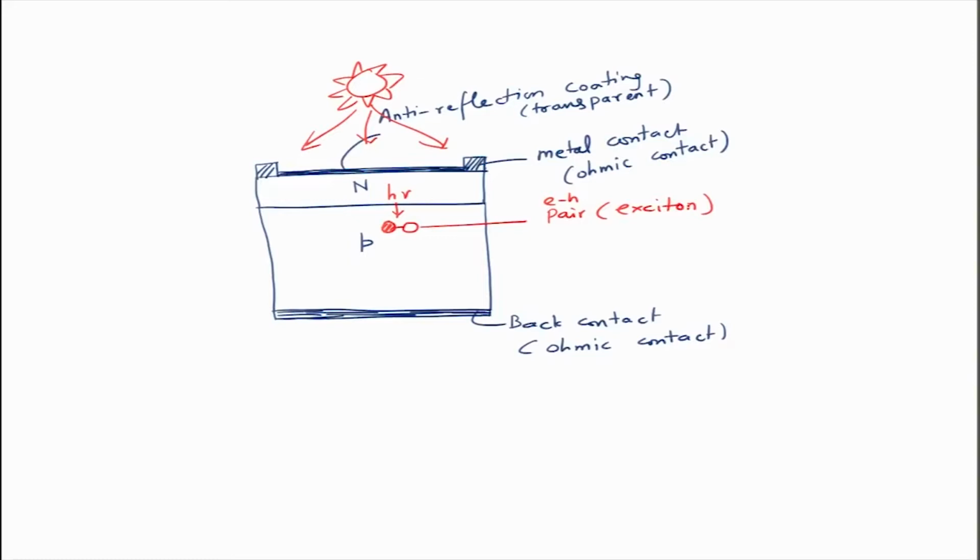This exciton dissociates, and this carrier will travel to this side, and that one to the other side, and this is connected to an external load, some RL. This is what the typical solar cell geometry is.